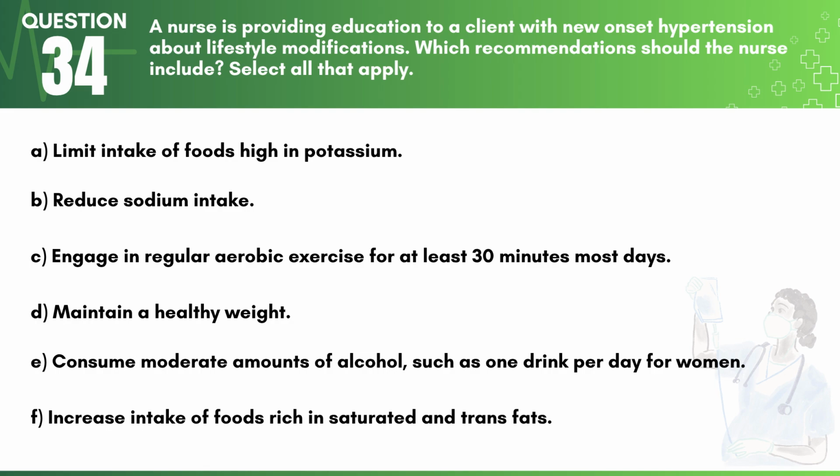C. Engage in regular aerobic exercise for at least 30 minutes most days. D. Maintain a healthy weight. E. Consume moderate amounts of alcohol, such as 1 drink per day for women. F. Increase intake of foods rich in saturated and trans fats.